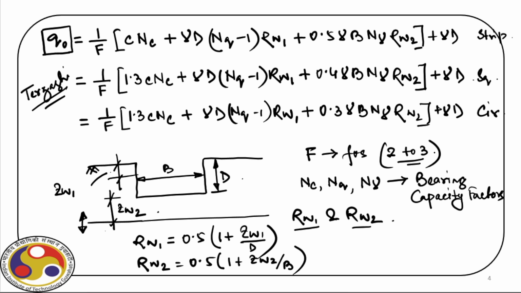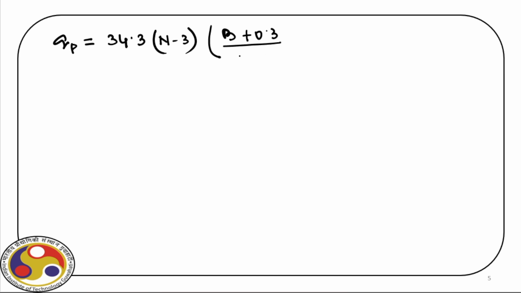Now, we can also find out the allowable bearing capacity based on maximum allowable settlement. So the expression for that is 33.3 (N - 3) ((B + 0.3)/(2B))^2 Rw1 Rd.